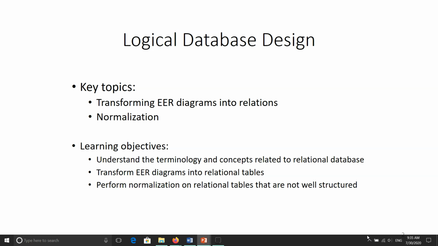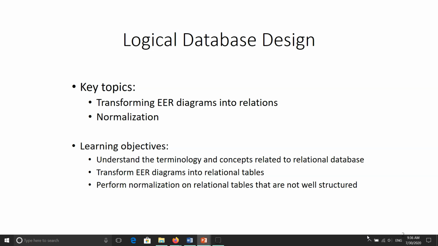The relational database is designed based on the enhanced ER diagram, and you will find many guidelines for transforming the enhanced ER diagrams into relations in this chapter. For example, how to deal with a many-to-many relationship in the ER diagram, how to deal with multi-valued attributes, how to deal with the bill of material scenario, and so on.